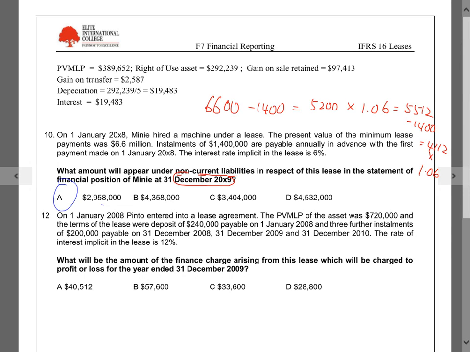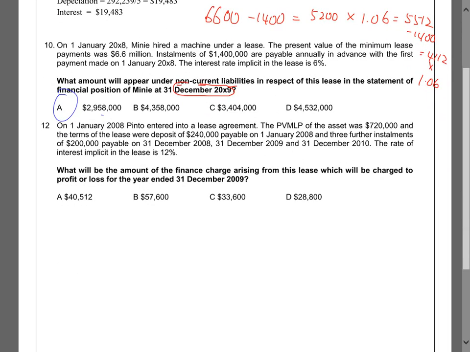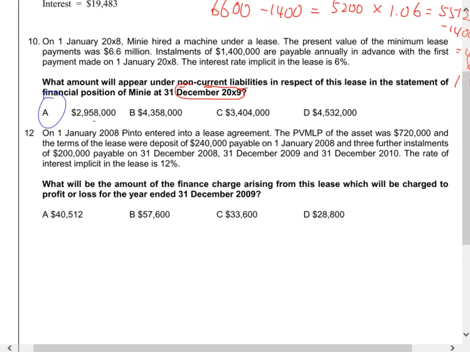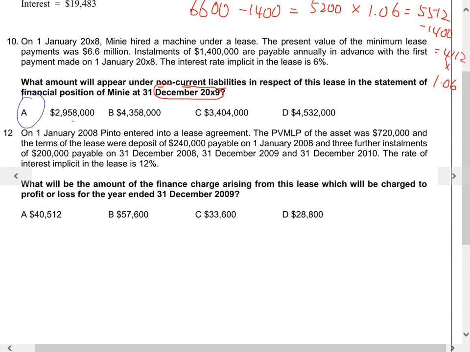Yes, 12? Don't know. Let's find out. On this date, Pinto entered into a lease agreement, and the terms of the lease were a deposit payable now, and 3 further installments of 200 payable in year 9 and 10.